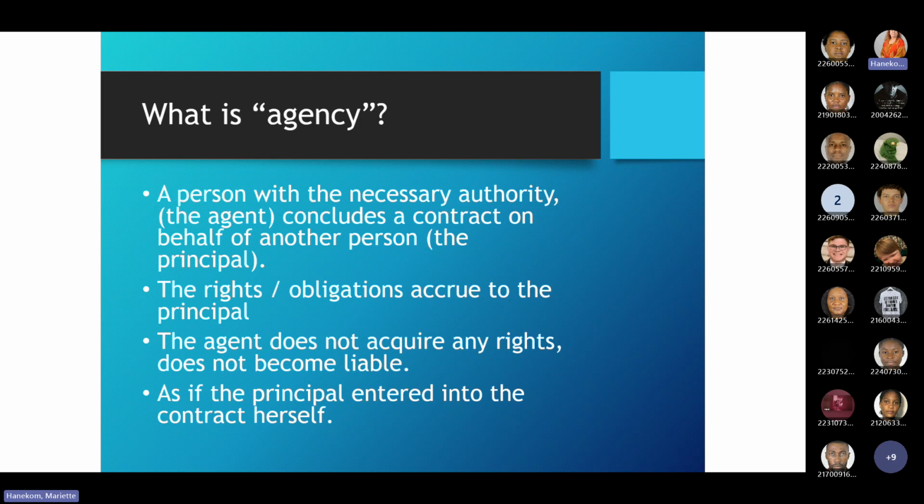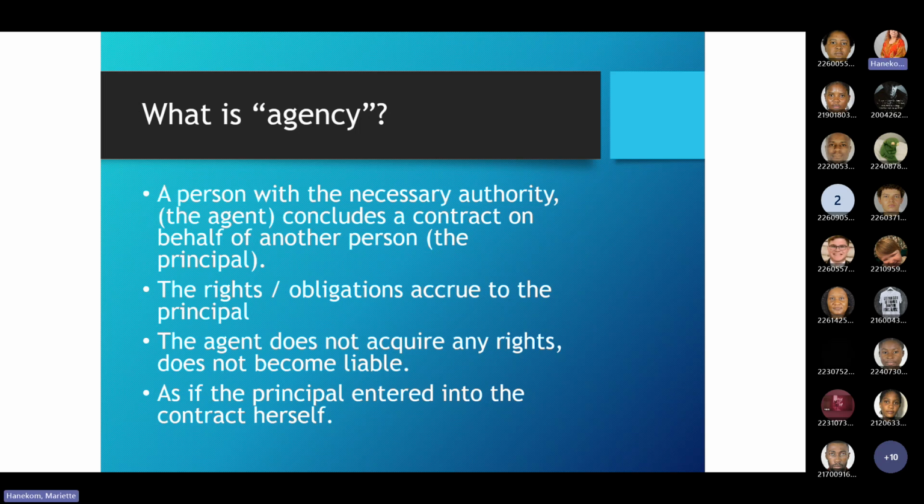So the concept of agency arises when a person, any person, doesn't have to be anybody specifically qualified, when a person with the necessary authority, we're going to get back to that, that's an important part. A person with the necessary authority concludes a contract on behalf of another person who is known as the principal.